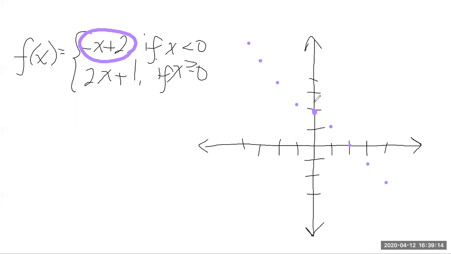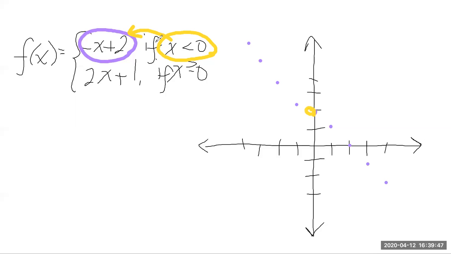However, because of this domain, you're only going to draw that line for x's that are less than or equal to 0. So if you plug in 0 into here, you get 2. So this is going to be the end point of our line right here. This is going to be the end point of your line.